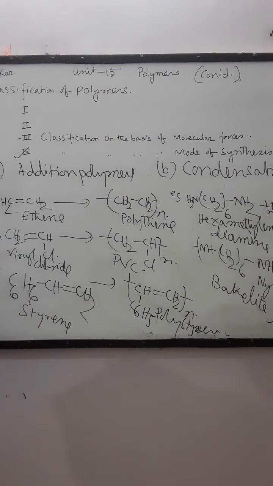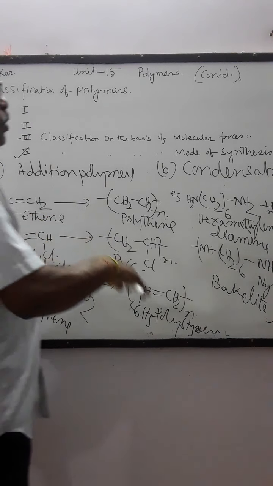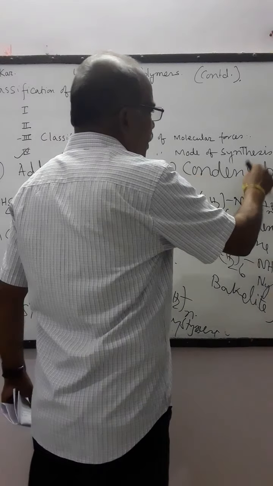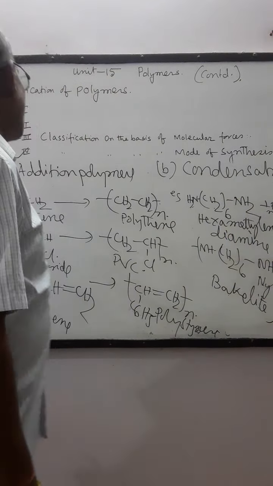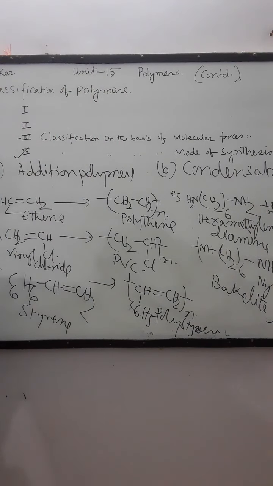So this is all about the classification of polymers. Next we consider the preparation of some important polymers, some of which are addition polymers and some condensation polymers. So next we consider the preparation of addition polymers.